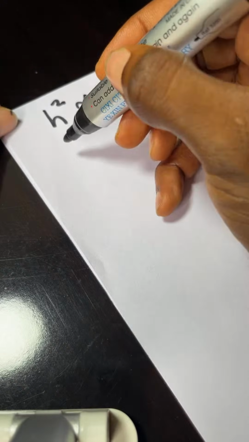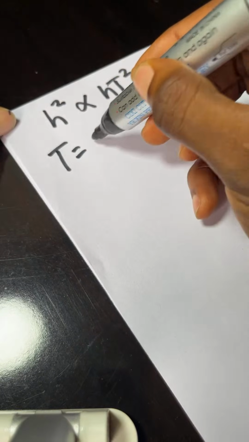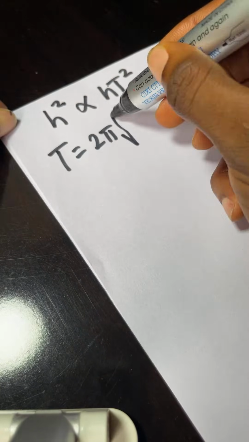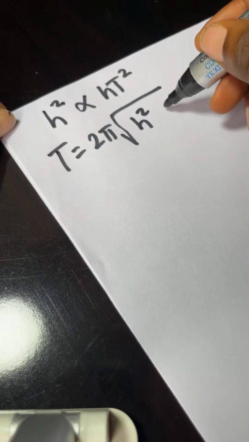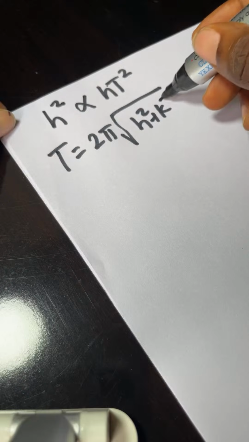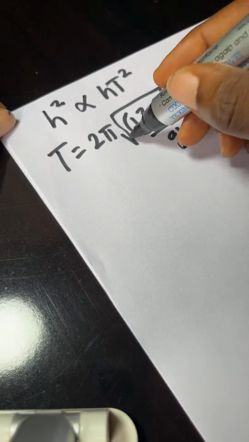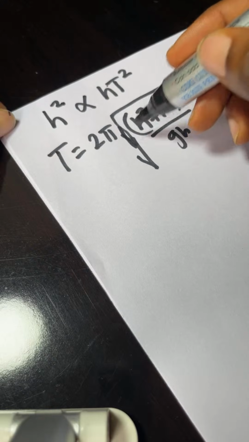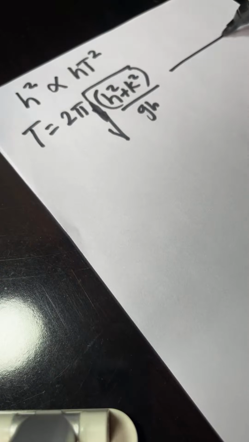Now, given the equation, t is equal to 2 pi square root of h square plus k square all over gh. The square root is covering everything. Now let's call this equation 1 again.